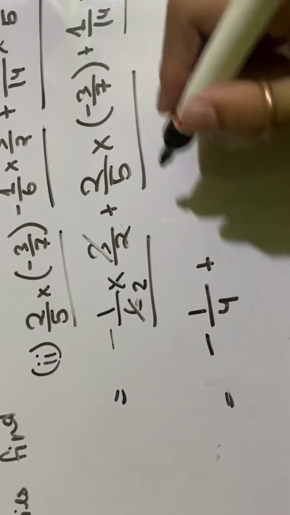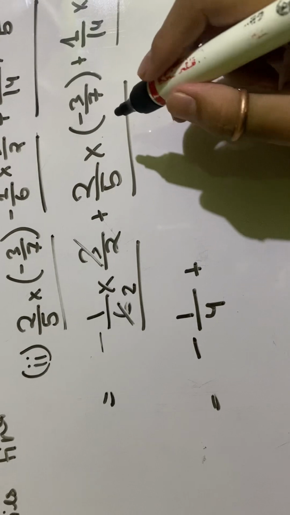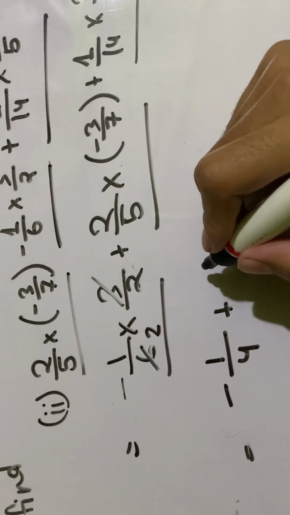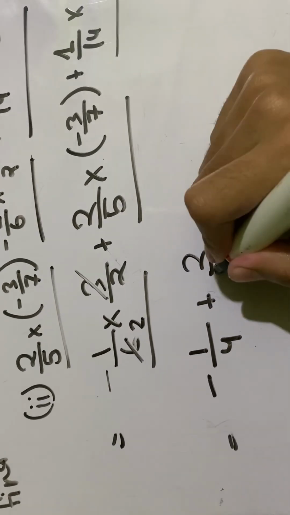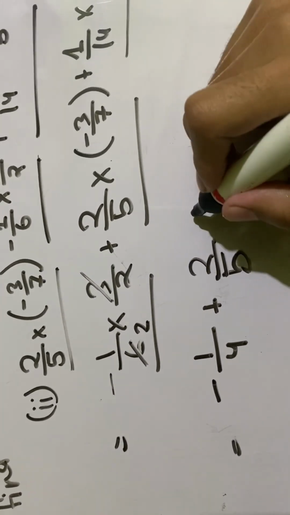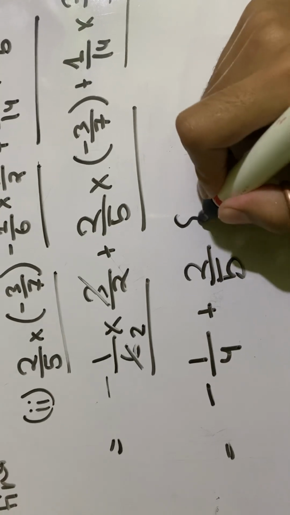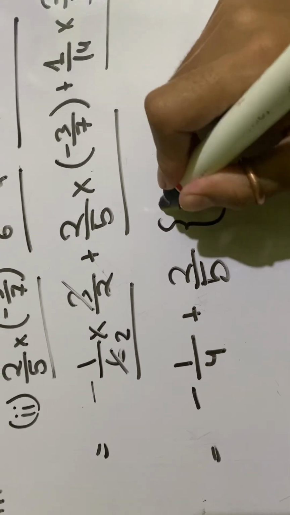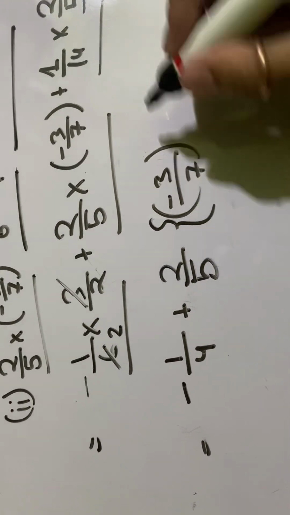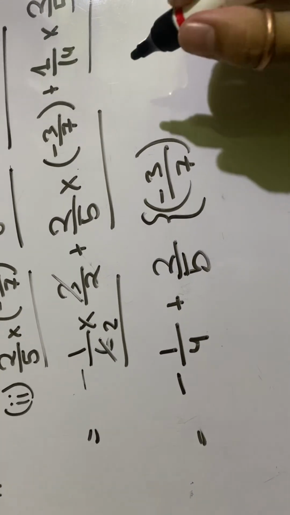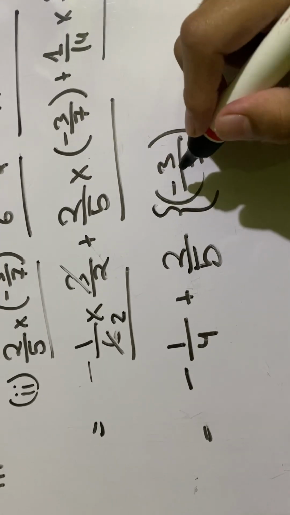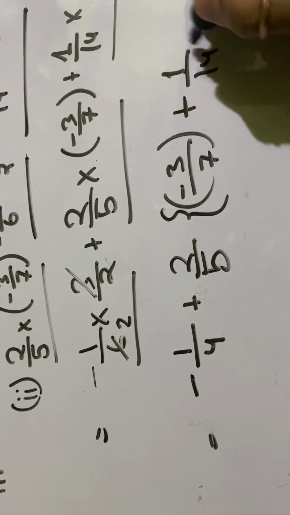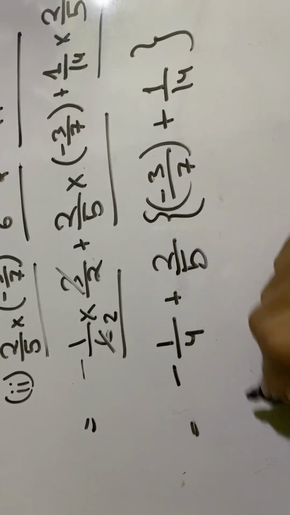plus, you can take common from these two terms, 2 by 5, so 2 by 5 comes here, and then 3 by 7 in bracket, because it has minus sign we have to give bracket if we have minus sign, then plus 1 by 14 curly bracket close.